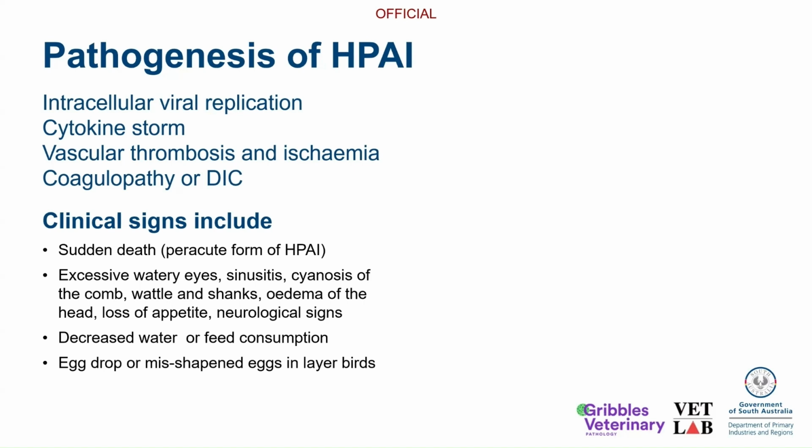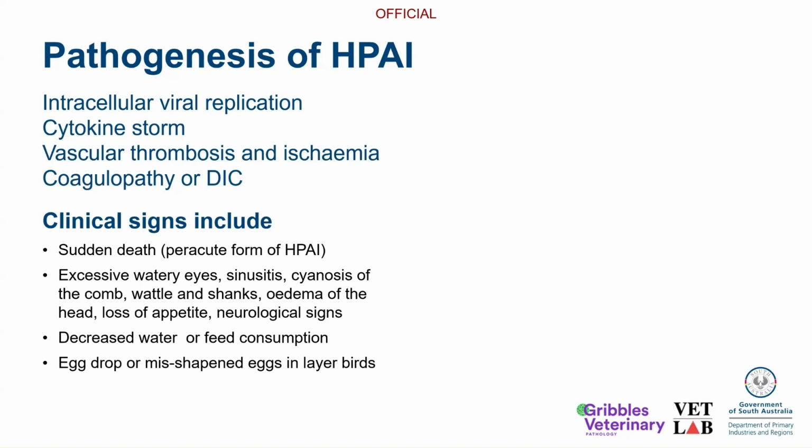So I have simply taken out from the manual produced by the Department of Agriculture, the guide for Australian veterinarians, exotic animal disease. But the clinical signs, as Alyssa explained, are actually quite extensive. So sudden death or per-acute form of highly pathogenic avian influenza.